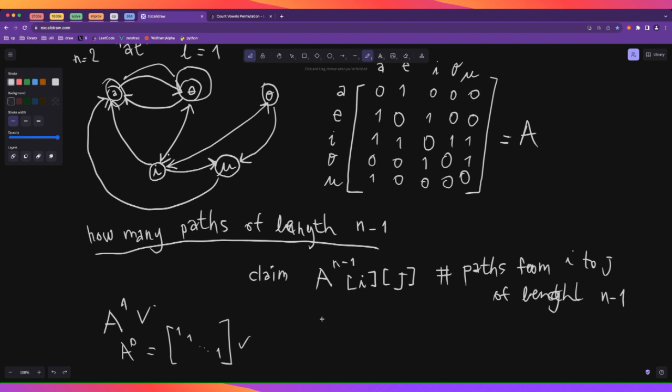So now what happens in the case of A to the n?